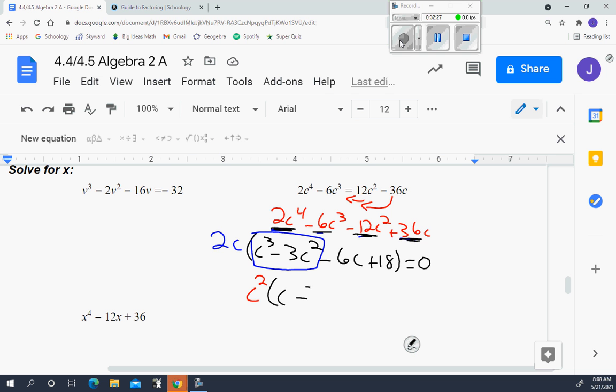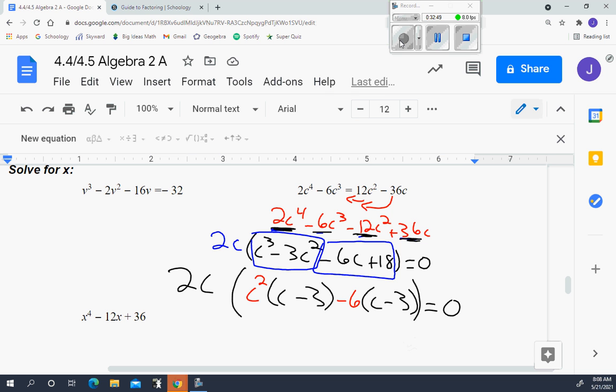C minus 3. Do the same thing with negative 6c plus 18. I can take out a negative 6. What's left? Should be c minus 3. And now this whole thing is still multiplied by this 2c out front. Can't forget about it.